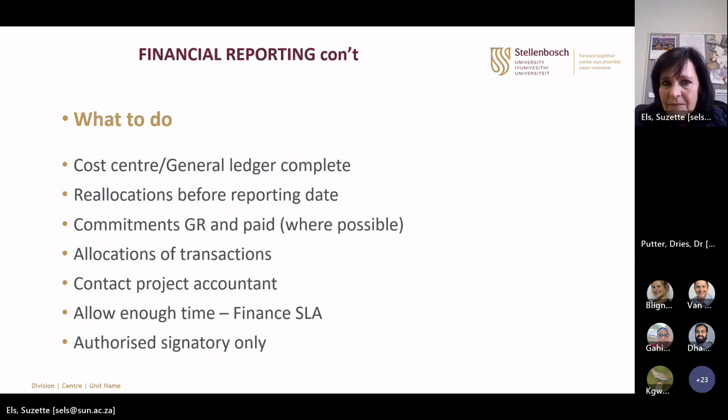Good afternoon, Suzette. You mentioned that there should be no mixing of funds in the cost centers, and it sounded to me like you're referring to funds from different funders. Is it allowed to mix funds of two different projects, but from the same funder?